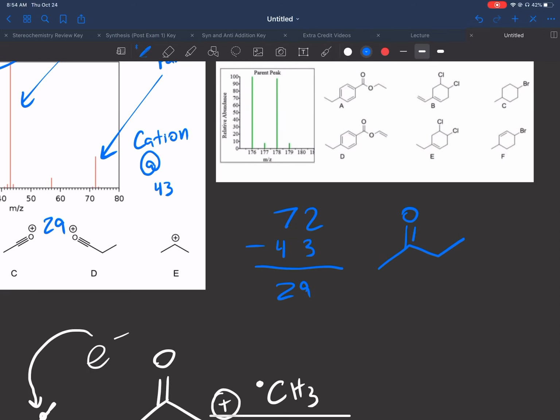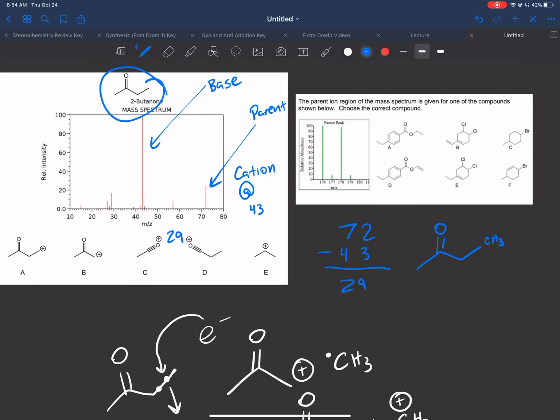Right off the bat, just to help verify for yourself, if you add up all the masses of every atom here, the oxygens, the carbons, and don't forget there's hydrogens here, you would get a mass of 72.